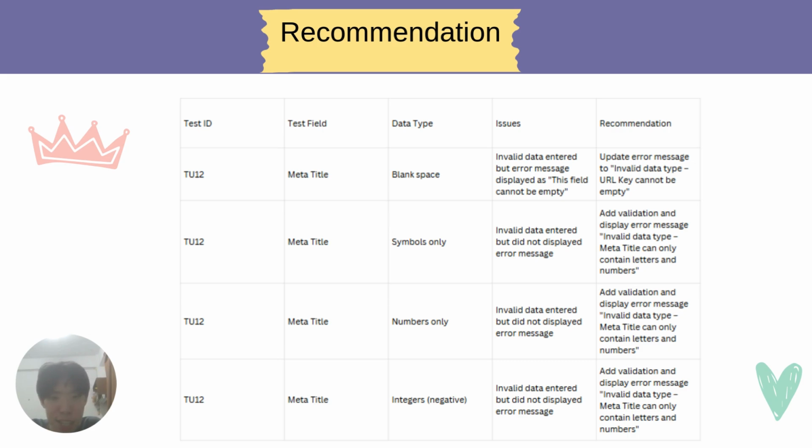For the integer, invalid data is entered but the error message is not displayed, and my suggestion is to add the validation and display the error message: invalid data type, meta title can only contain letters and numbers. The same goes for the other data types, which need the error message updated.